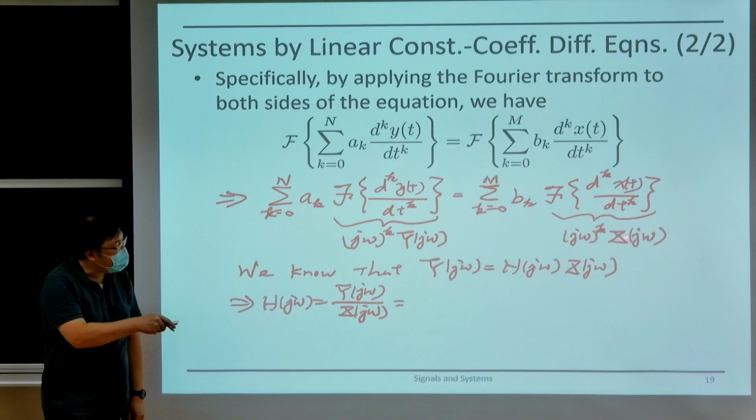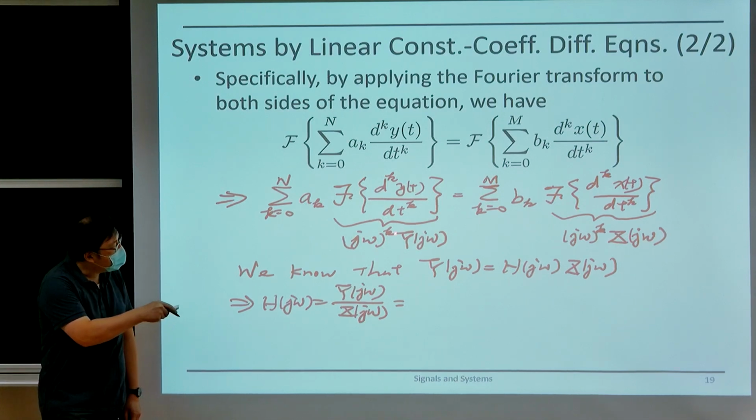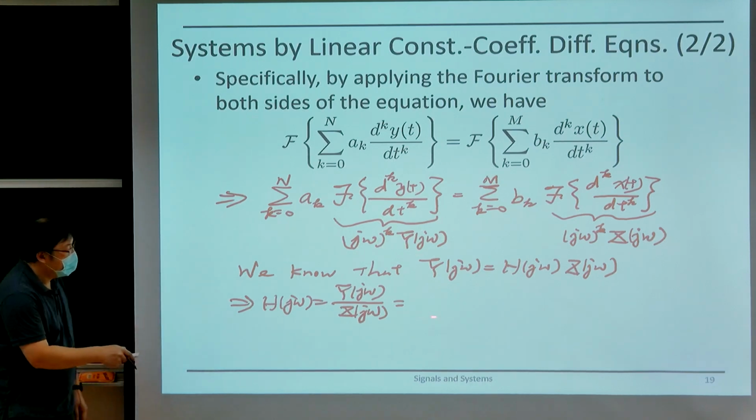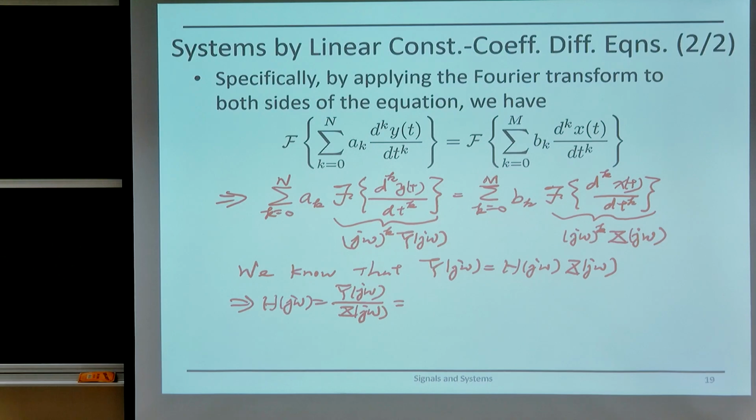You take X, divide it to this side, and then the thing that is multiplied in front of Y is divided to the other side. So this gives you the summation of b_k (j omega)^k over the summation of a_k (j omega)^k, where k is from 0 to n in the denominator, and k is from 0 to m in the numerator.